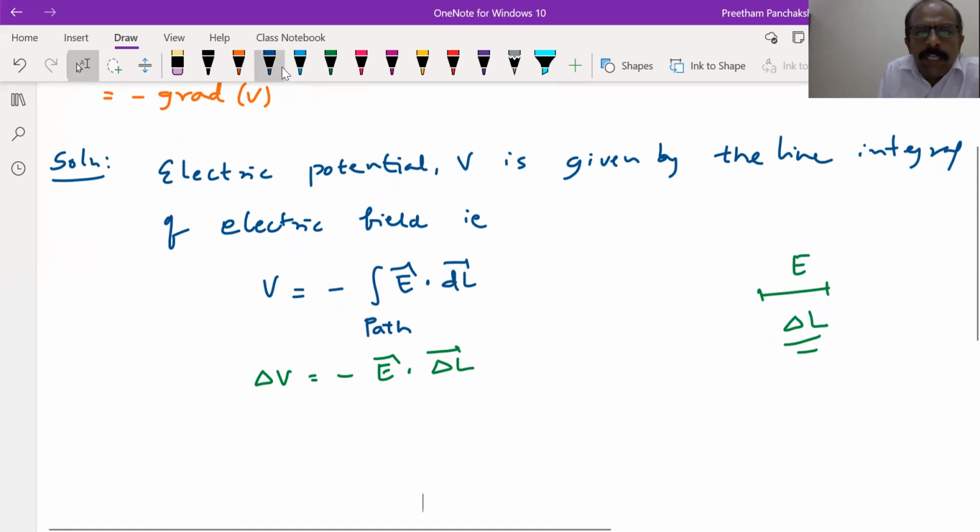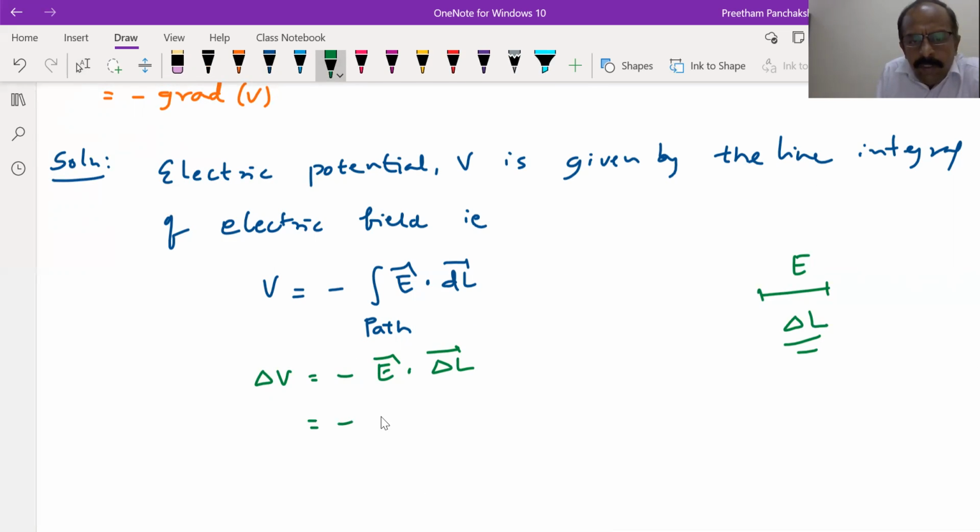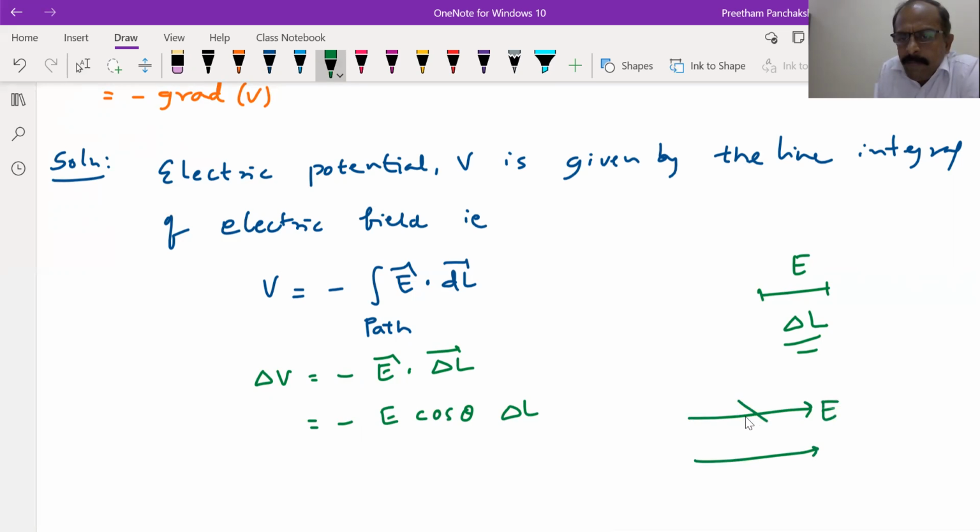So the right side of the equation is a dot product which can be expanded as E cos theta into delta L. Here, theta is the angle between the electric field E and the path delta L.